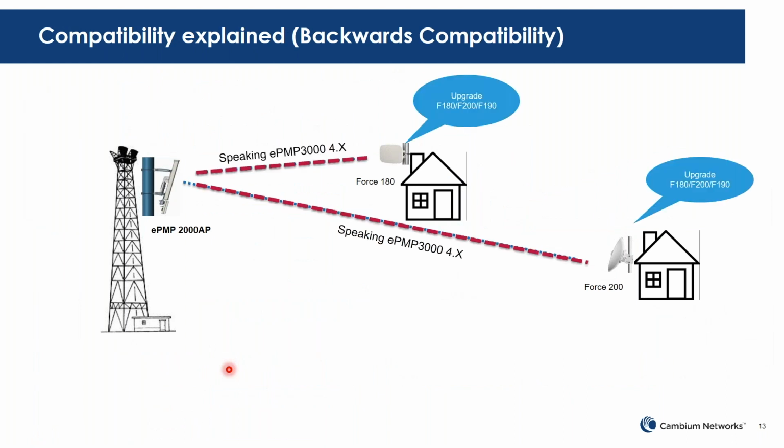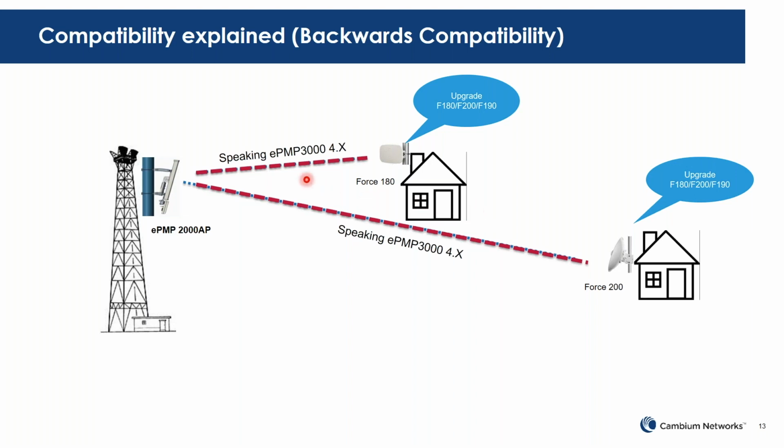In case you already have an ePMP 2000 network, you have an ePMP 2000 access point on your tower, and you have your 11 NSMs, like the Force 180 and the Force 200. All you have to do is upgrade your software to our 4.x version, because the legacy software for the 11 NSMs is 3.x.